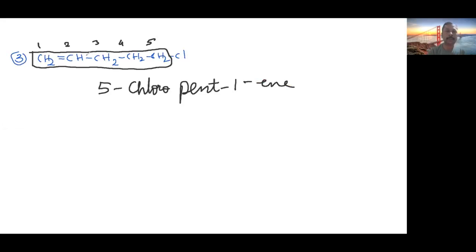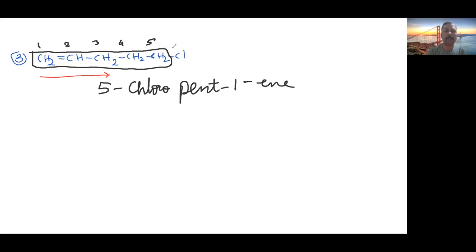Now in this example, a double bond is there and chlorine is there. We will give preference to the double bond while numbering, because we are making chlorine a prefix. So numbering will be done from left to right. Suppose in place of chlorine there were an aldehyde or an alcohol, or any principal functional group; then numbering would be from right to left, irrespective of the lowest sum rule.